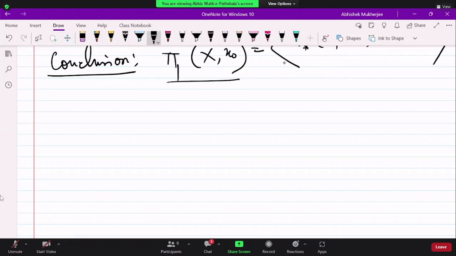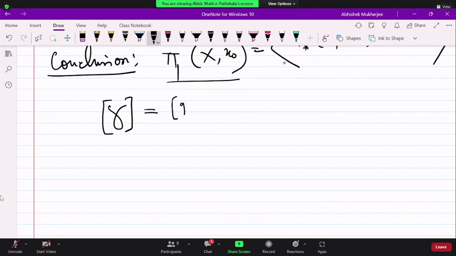Suppose you take a loop gamma here, and you are going to prove that the path homotopy class of this gamma can be expressed as a free product of paths. Here it is the concatenation of paths.